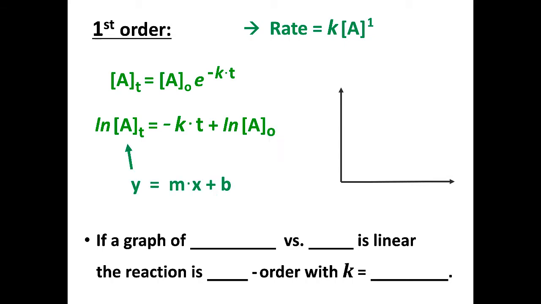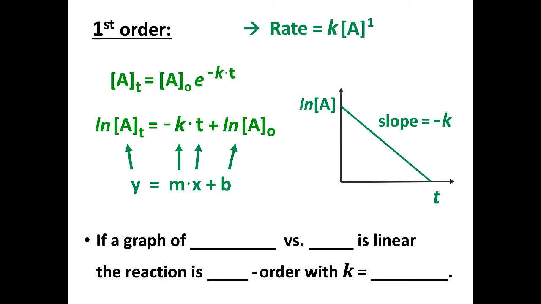If our y is ln of A at time t, our slope, our m, is negative k, our x is time, and our y-intercept b is ln of A at time 0. So if we know it's first order, we know we're going to get a straight line graph. If we graph ln of A versus t, we'll end up getting a straight line with a slope of negative k.